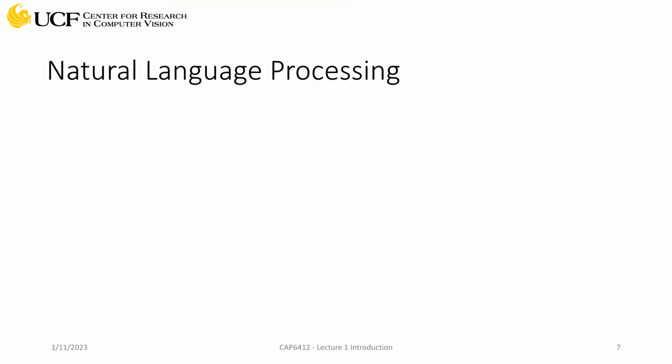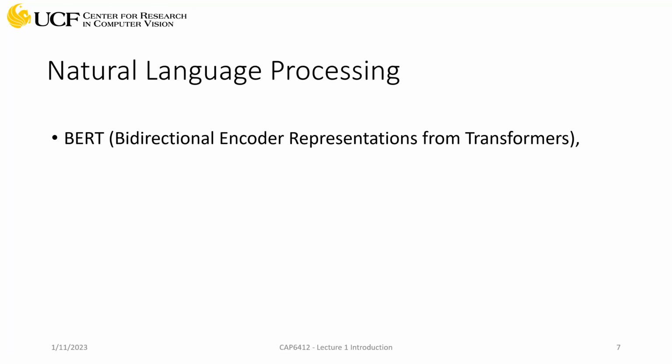Okay, so it started in the natural language processing, NLP, and of course in NLP transformer has been used heavily. BERT is a very famous model, which is bidirectional encoder representation from transformers.